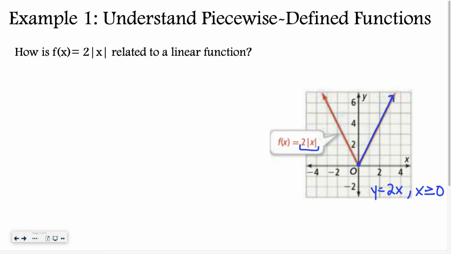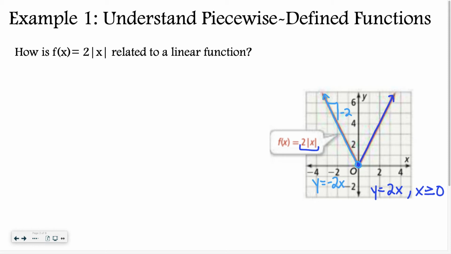Now, if I were to look at this line, this time I would not want to include 0, so I'm going to do an open circle. And how would I write an equation for this line? This time my slope is going down, so this is a negative 2 slope. So I'd say y equals negative 2x.